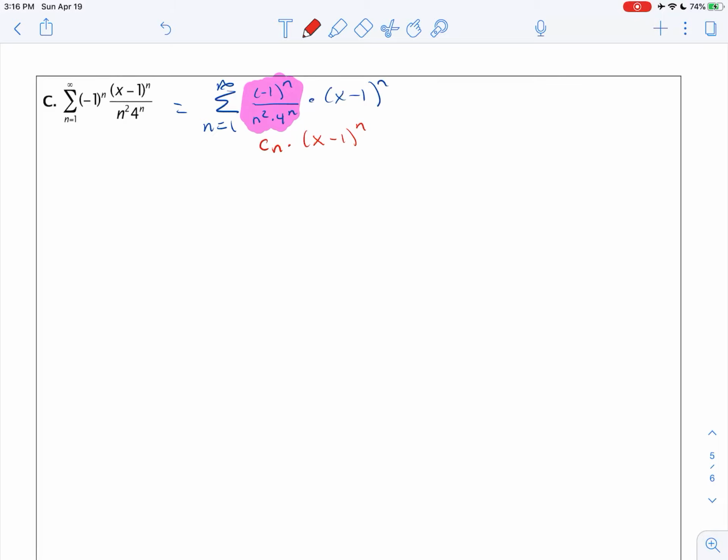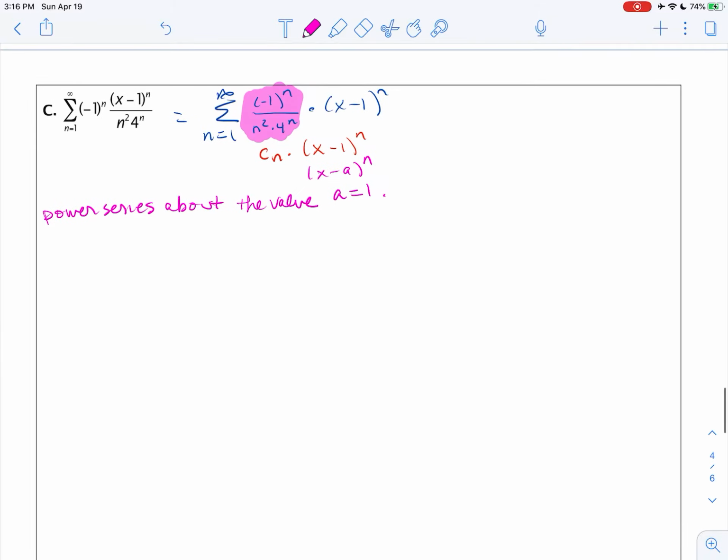And we have here the x minus 1 to the n, and in this scenario, this is our x minus a to the n. So we see here that this is a power series centered about a equal to 1. Good. So they're asking here, find the radius of convergence and interval of convergence.